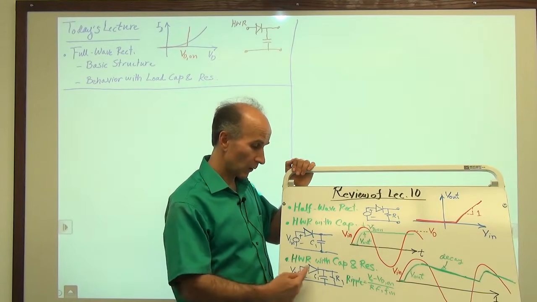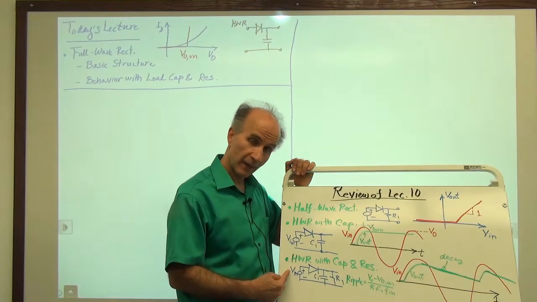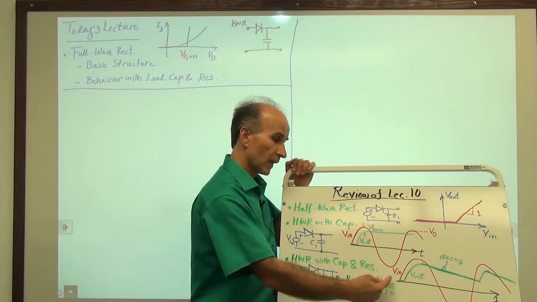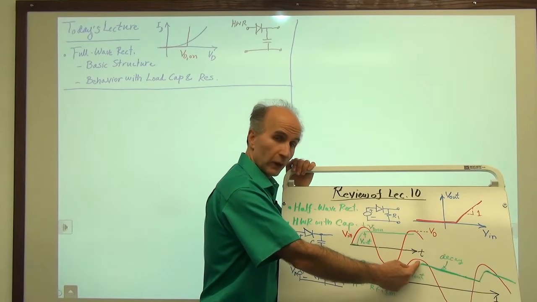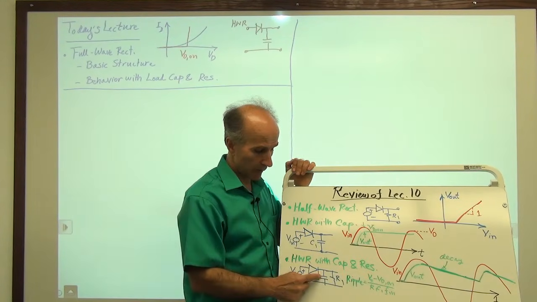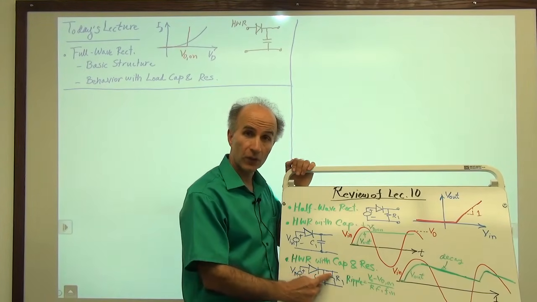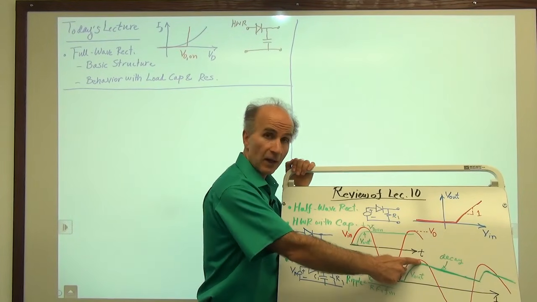So when we look at the output waveform, when the input is a sinusoid, we see that the output starts from 0 and then goes up to 1 diode drop below the peak. But once the diode turns off, we have 1 capacitor being discharged through 1 resistor. So the output does not remain constant.